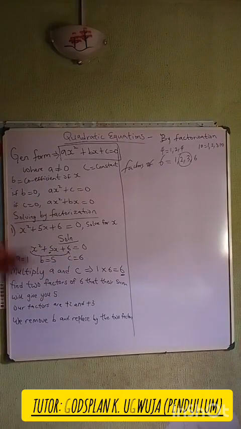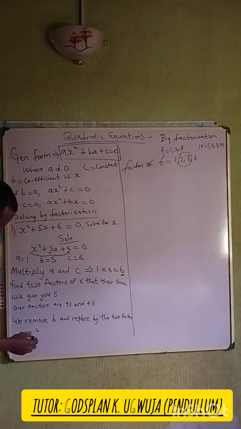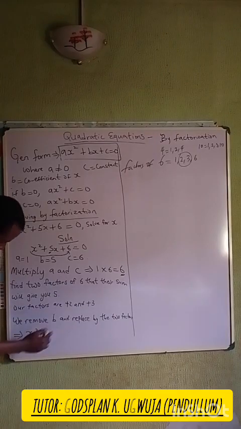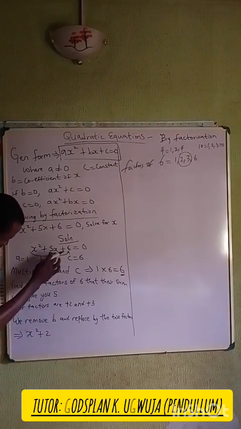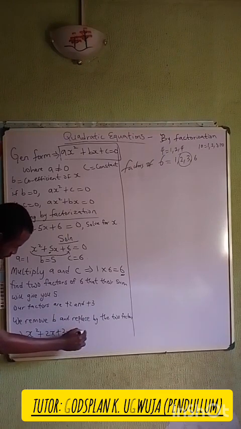So you remove B and replace it by the factors. Therefore, we'll have, this is still x squared. Now we remove 5 and replace it by plus, remember B is attached to x, plus 2x plus 3x plus 6 equals to 0.